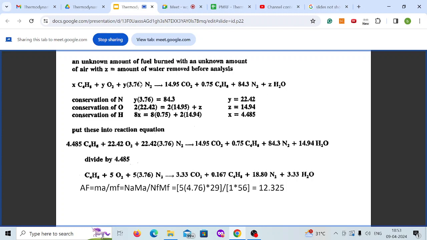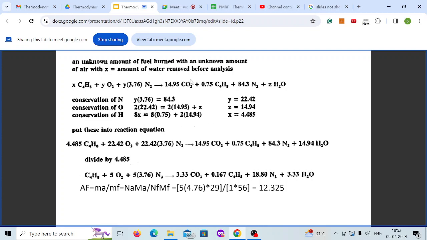Similarly, if you balance oxygen, you will get Z. So 2 into 22.42 on the reactant side equals 2 into 14.95 plus Z moles of oxygen present in water. This gives you Z as 14.94.